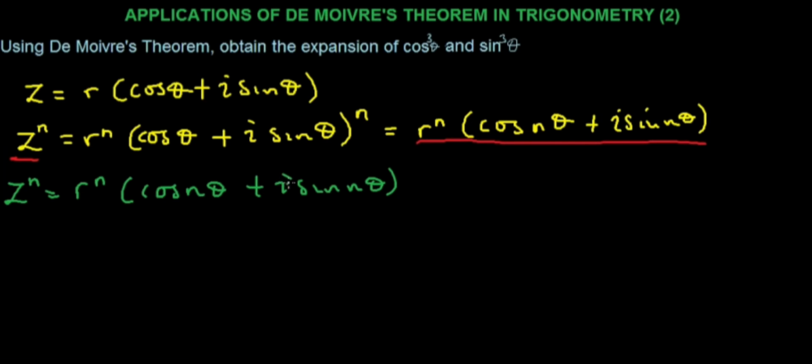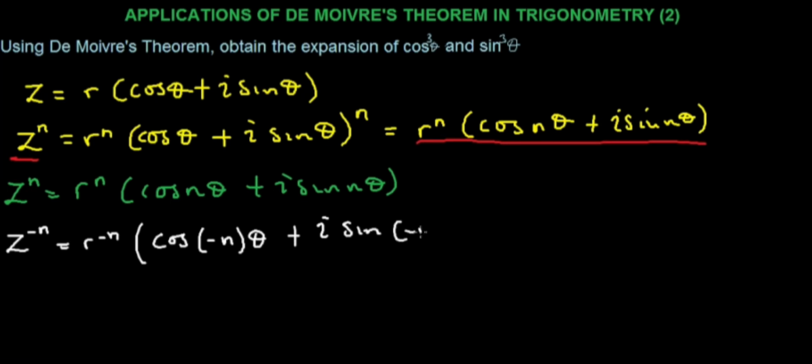Now, on the other hand, if I should have Z to the power of minus n, like an inverse of this De Moivre's theorem, could you believe that this will also be written as R raised to power minus n, into the cos of minus n theta, then plus i sine of minus n theta?